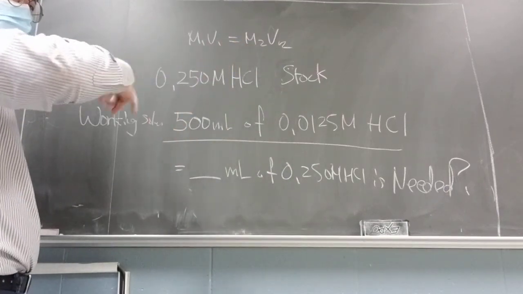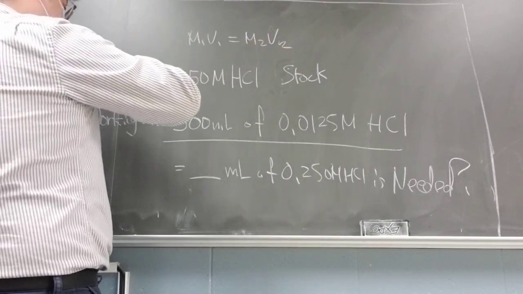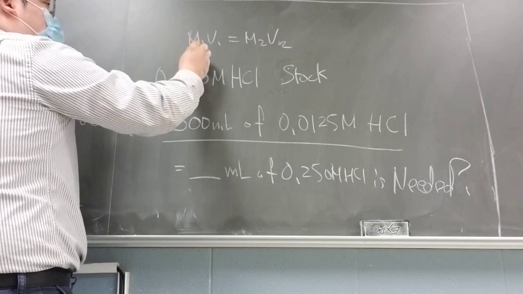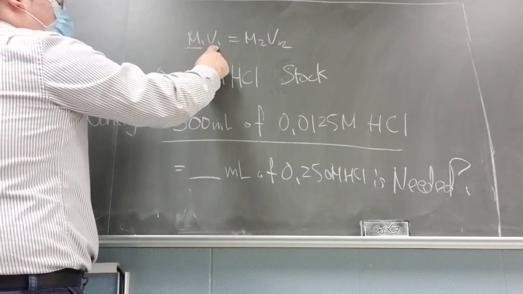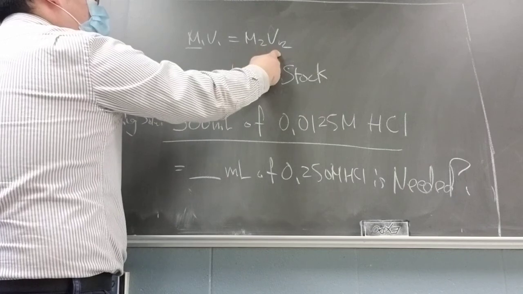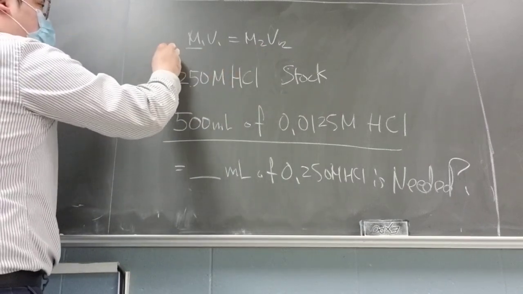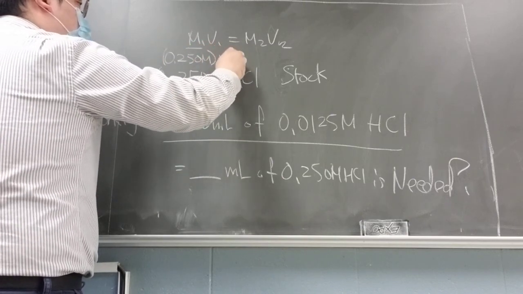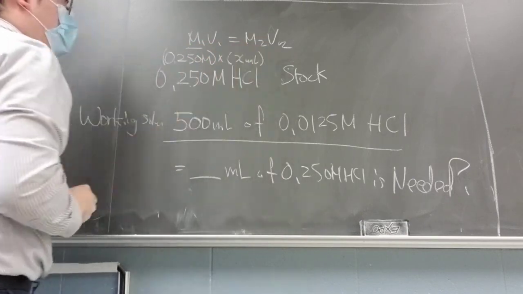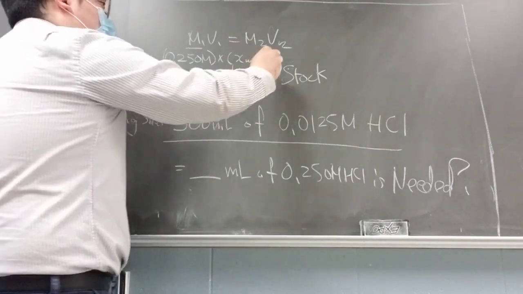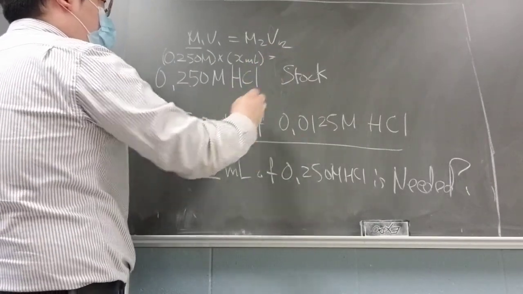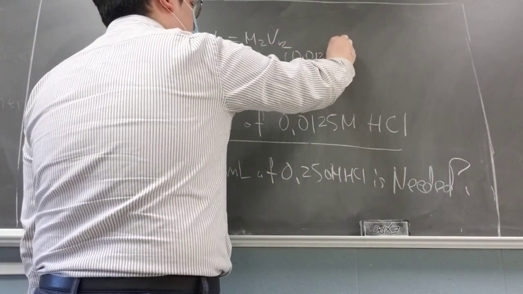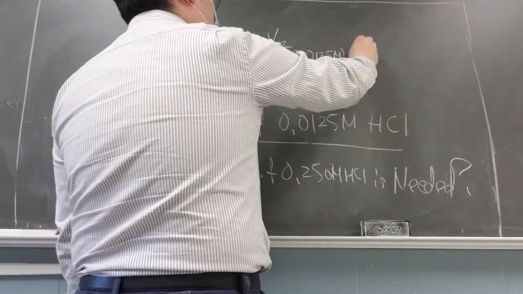Just make sure you put them on the right sides. So I'm going to put the M, which stands for molarity, the concentration, and this is the volume, and this is the other side of the dilution formula. So maybe you can do 0.250 molar times X milliliters, because that's what we're solving for. And we know the working solution condition. We have 0.0125 molar concentration, and we want to make 500 milliliters of it.